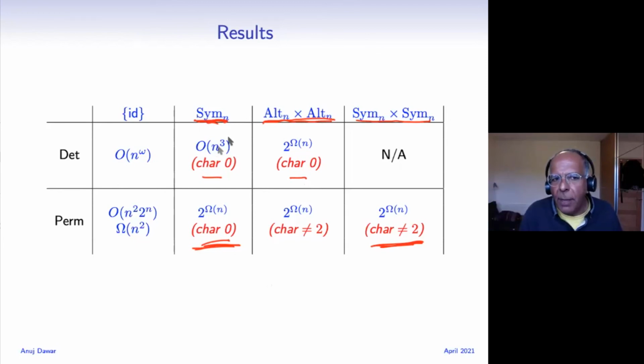For example, Leverrier's method, which computes the determinant based on the traces, we don't know how to do this in positive characteristic. That's basically because it involves division by arbitrarily large constants, up to the size of the matrix. So we don't know how to do that.